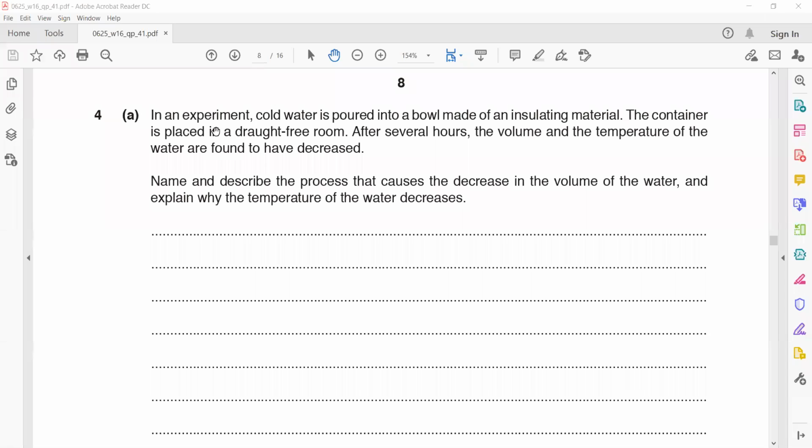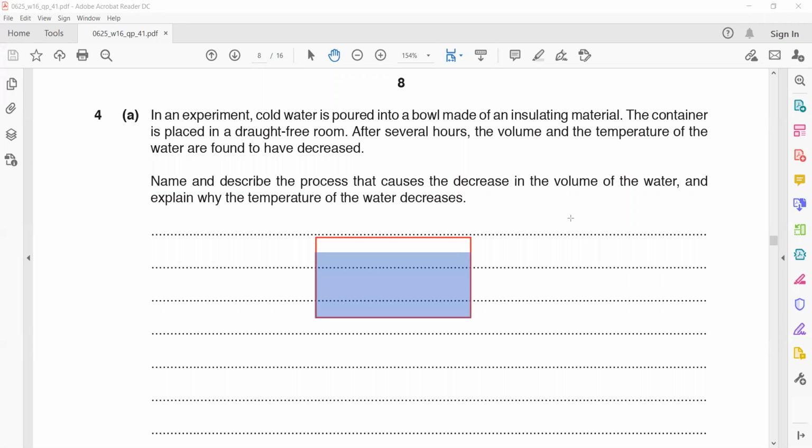In question 4a, in an experiment, cold water is poured into a bowl made of insulating material. Insulating material means material which does not allow heat to escape. The container is placed in a draught-free room, so you don't have moving air around.